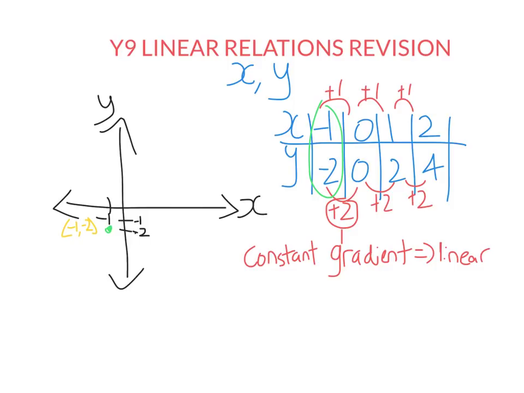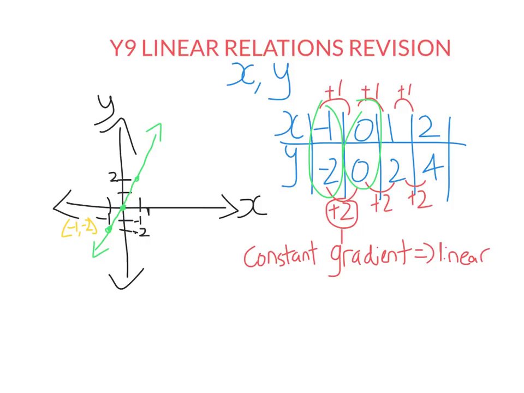So I could plot the next point, x is 0, y is 0. Just plot that there, easy as. The next point is x is 1, y is 2. So if I extend my axes there, I could plot a third point. And all of these points lie in the same line.